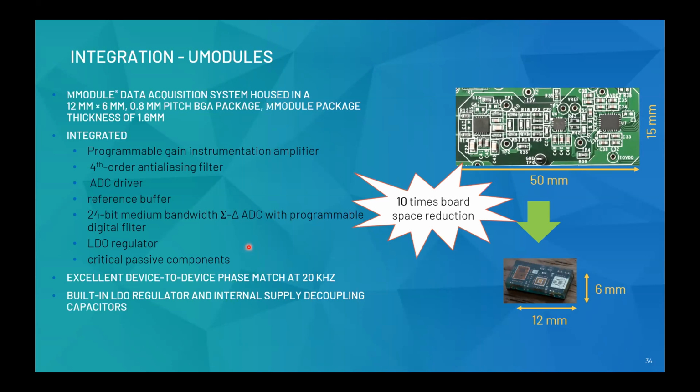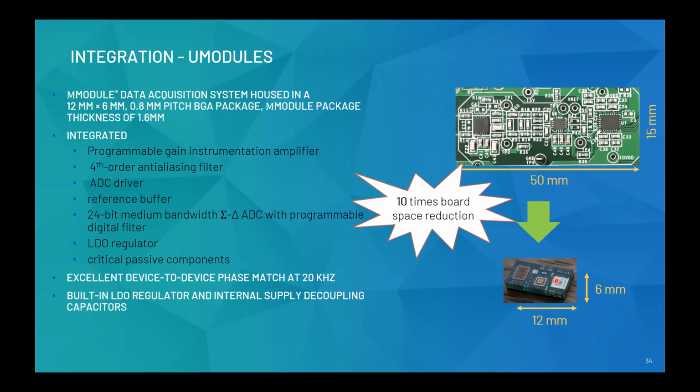If you look at this diagram over here, the right is the ADC, then you have a driver, and all this low pass filtering to make sure aliasing is not there. And then you have a front end PGIA or an instrumentation amplifier to make sure that the sensor sits well over there. This entire area, which you see on a PCB, is moved onto a single die.